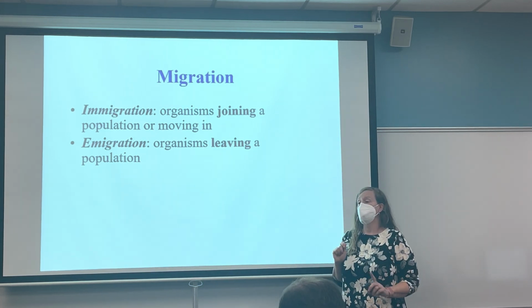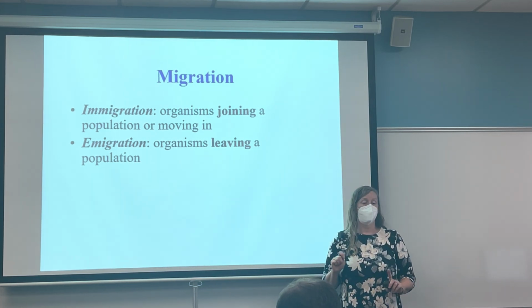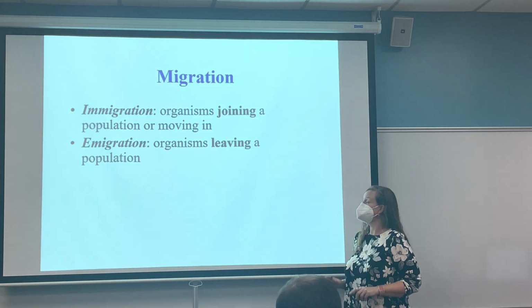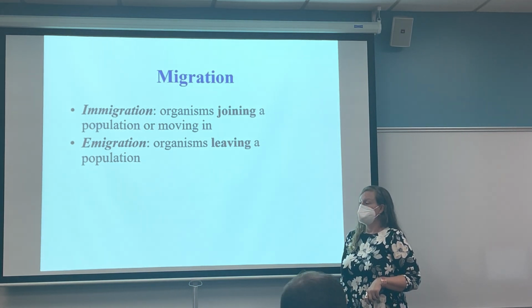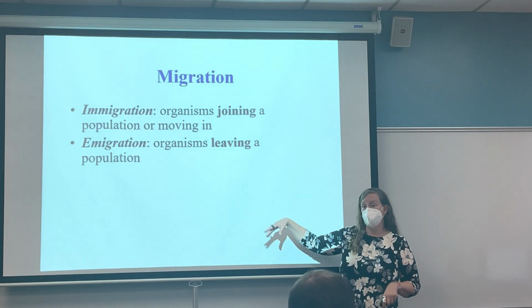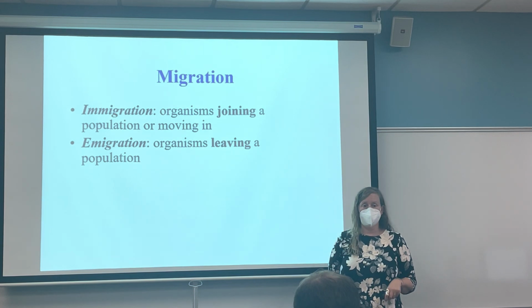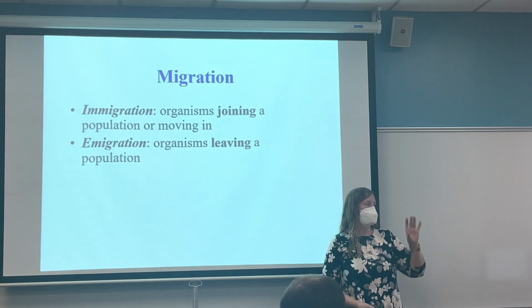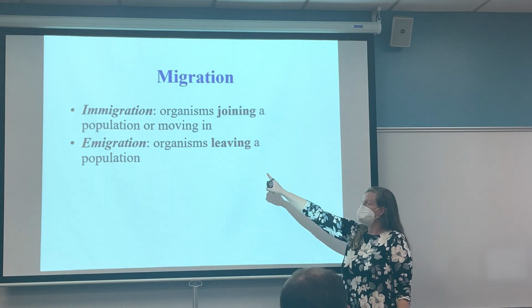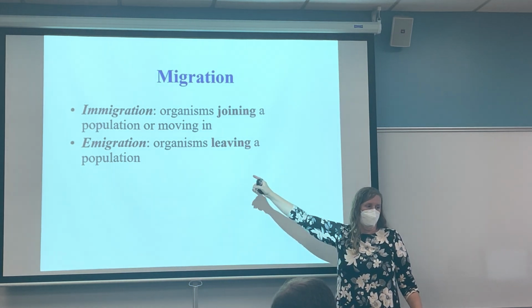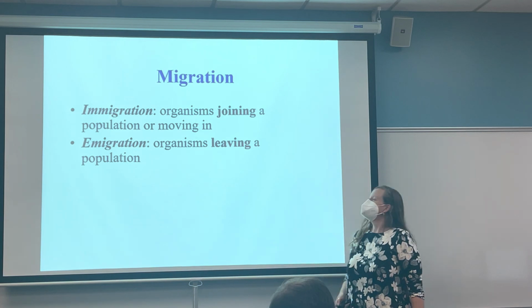It means that we have individuals who are leaving the group, leaving the population. In the human population, this can be significant, but when we're talking about natural populations like the squirrels out there, the butterflies, the birds, these are not very significant most times.